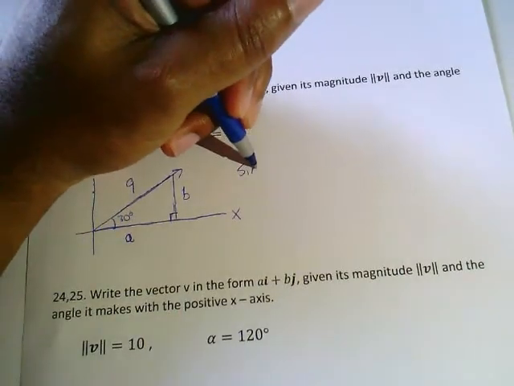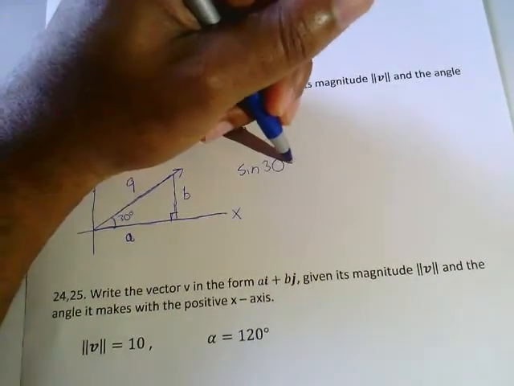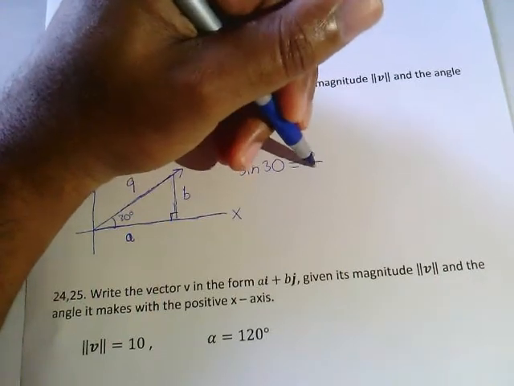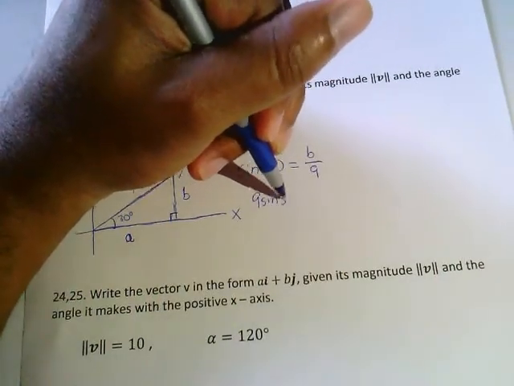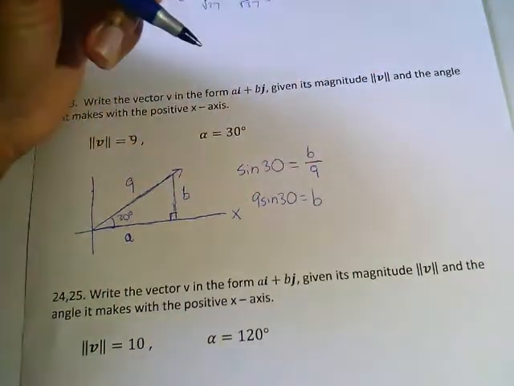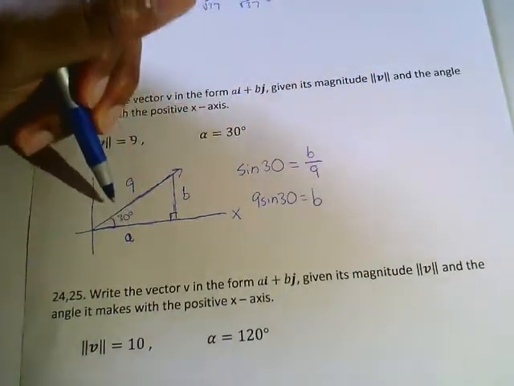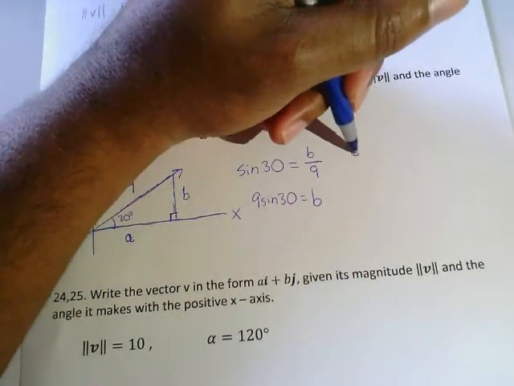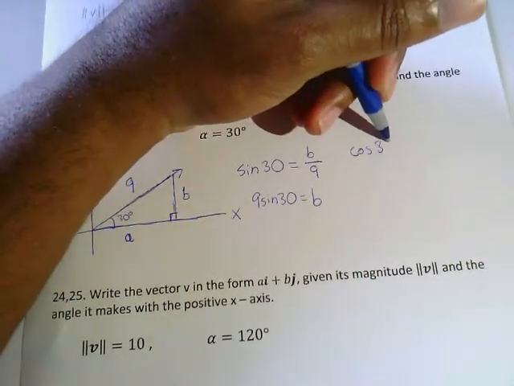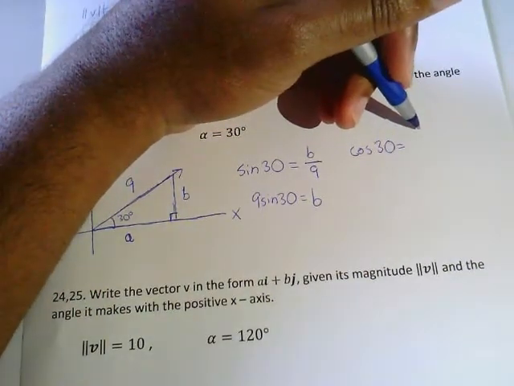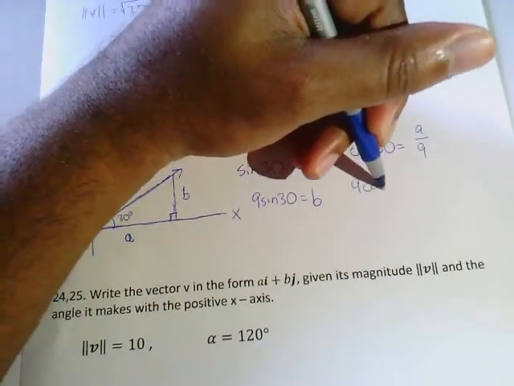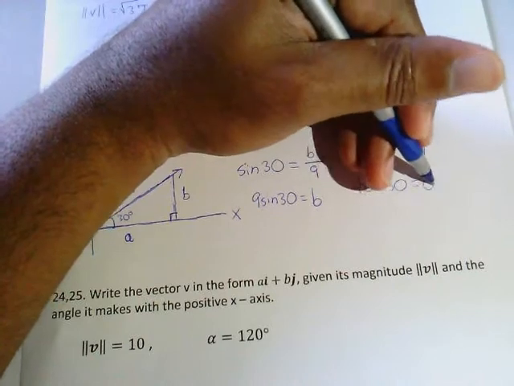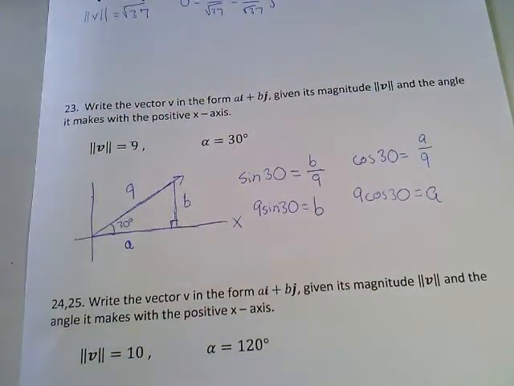So sine of 30 is going to be the opposite side, b, over 9. So 9 sine 30 will equal b. And then for a, we'll just use cosine. So cosine of 30 equals a over 9. So 9 cosine 30 will give us a.